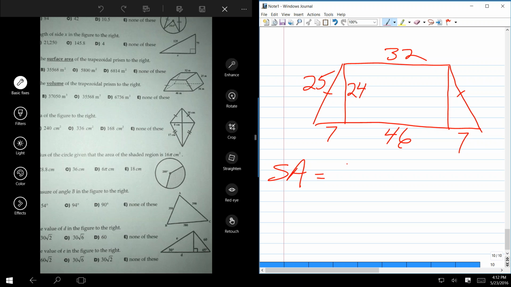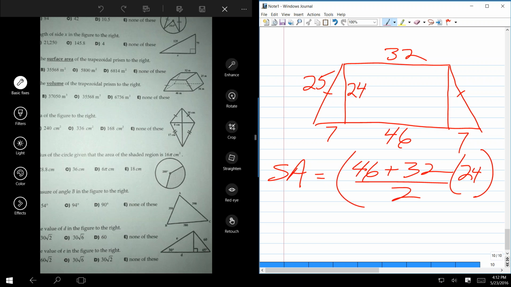Base 1, which is 46, plus base 2, so 32, divided by 2 times 24. How many of those faces are there? 2. Okay, so let's multiply by 2.